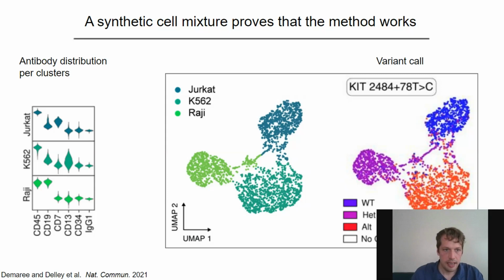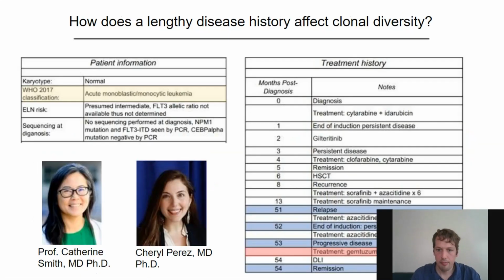With that in hand, I approached Professor Catherine Smith and Cyrille Perez, both of them hematologists at the UCSF, and asked them if they would be willing to collaborate on a small case study to see if we can learn something exciting from some patient samples.